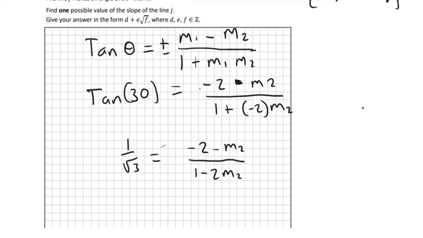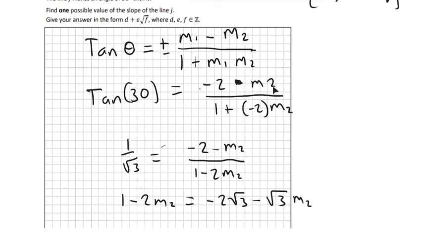You can cross multiply here then. So 1 minus 2m2 equals -2 root 3 minus root 3 m2. So still got a bit of work to do to get m2 by itself.